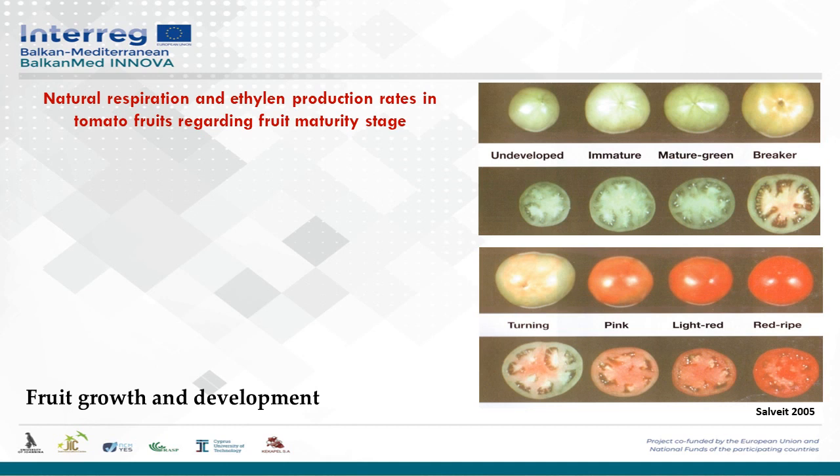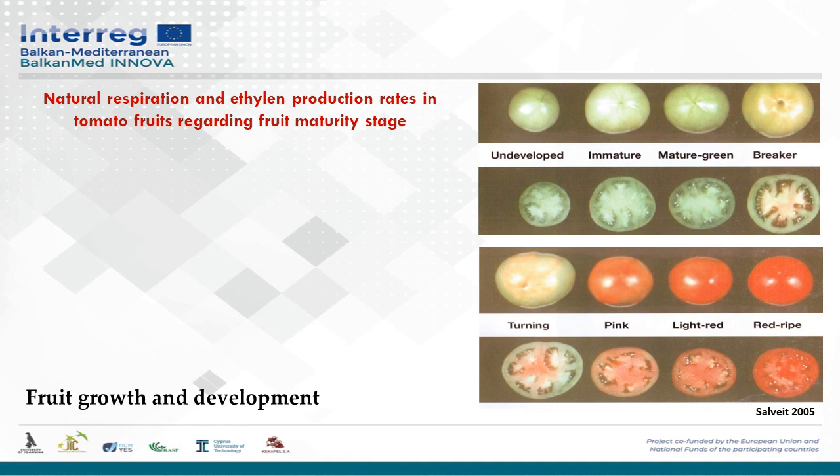But then the next stage is the moment of starting the transformation of the chlorophyll pigments into lycopene and prolycopene, and the fruits start to become red.